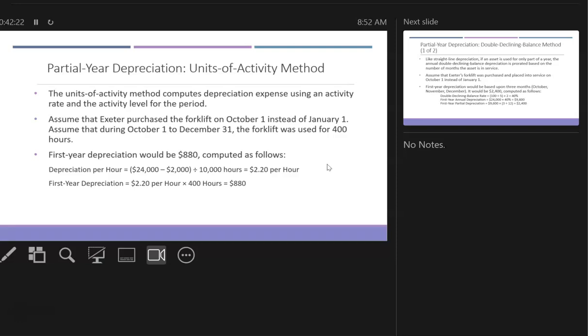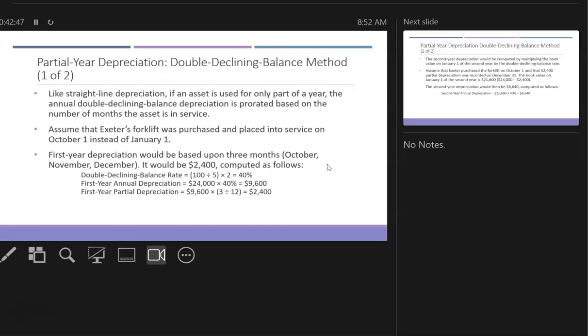Under the units of activity, it's actually going to be the same thing in that if there are $2.20 per hour, we'll just figure how many hours it was utilized in that first 3 months, and that's how we calculate the units of activity. For double declining, we'll estimate what it would be for the full year, but we'll only take 3/12 of it. Make sense?